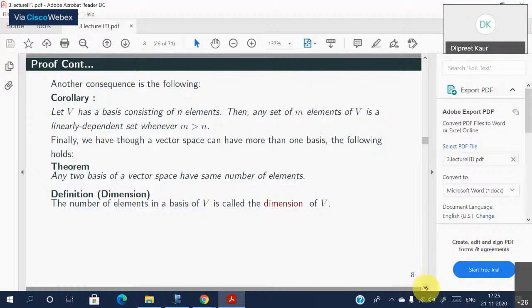How do you show the basis exists? Because Rn has a basis with n elements. Given any subset V inside Rn, there are two ways of doing it. One is to locate a set of generators for V, that means some subset B of V such that the span of B is equal to V, and then try to remove from them the ones which are not required, one by one.